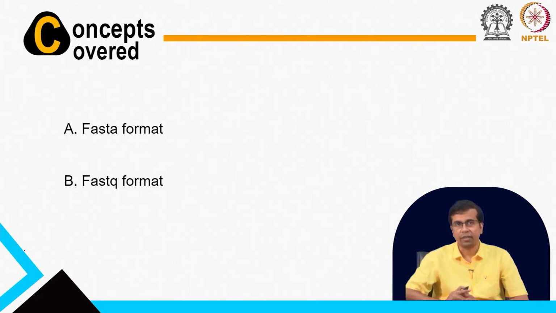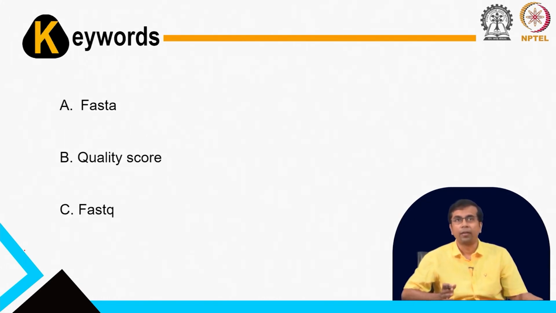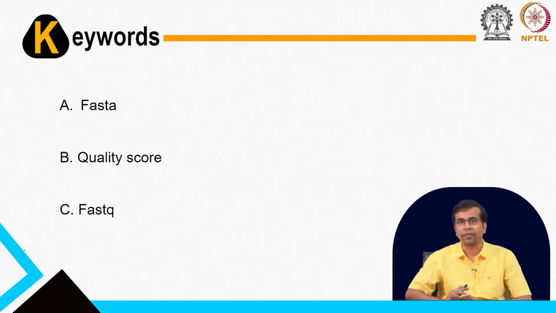One is the FASTA format and the second one is FASTQ format. These are the two formats that we will be discussing first, and then there are other data formats that we will be discussing in the next class. These are the keywords that we will come across during today's class: FASTA, quality score and FASTQ.